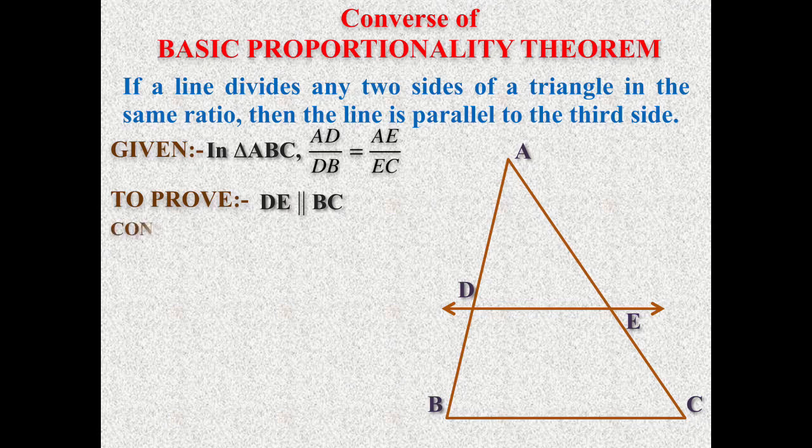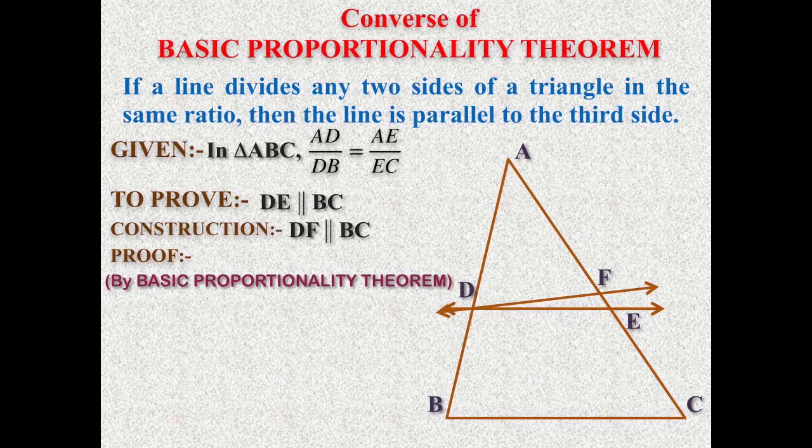Now let us assume another line and construct it. That is construction: DF parallel to the third side BC of the triangle. Now since DF is parallel to BC, we can use the basic proportionality theorem, and we can say that AD upon DB is equal to AF upon FC.